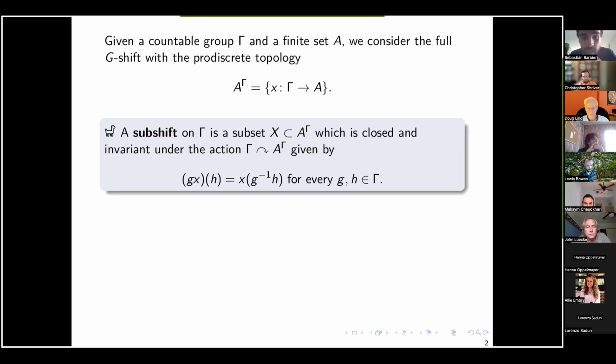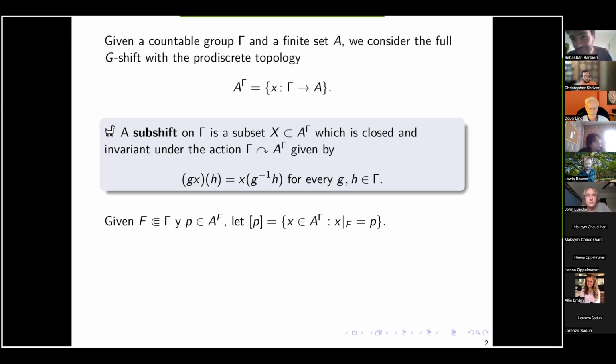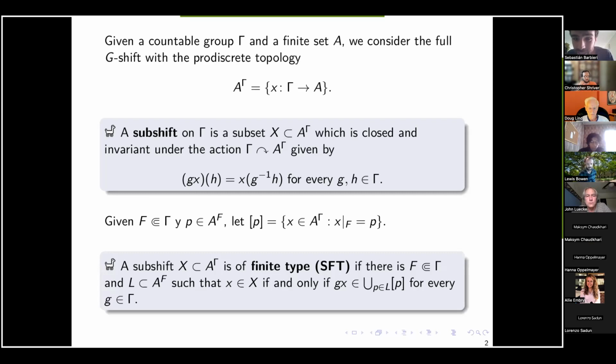All right. And okay, given a finite subset F of the group and a function from this finite subset to A, I call that a pattern. And given a pattern P, I define the cylinder as the set of maps from gamma to A, such that restricted to F give me P. And my last definition is a subshift of finite type is a subshift that I can describe in the following way.